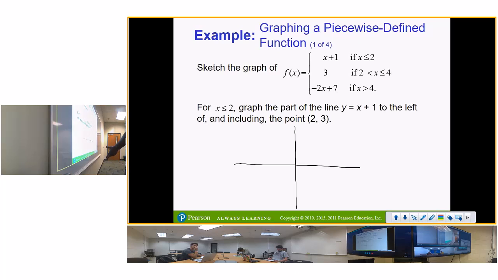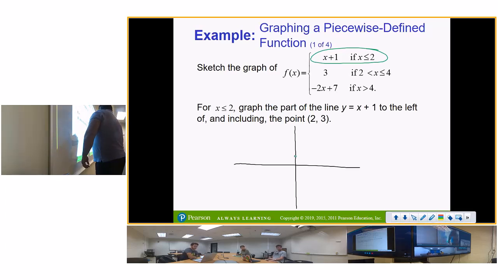It's a straight line, right? So where is the y-intercept? And a 45-degree angle. And arrows. Okay, so there's that one.